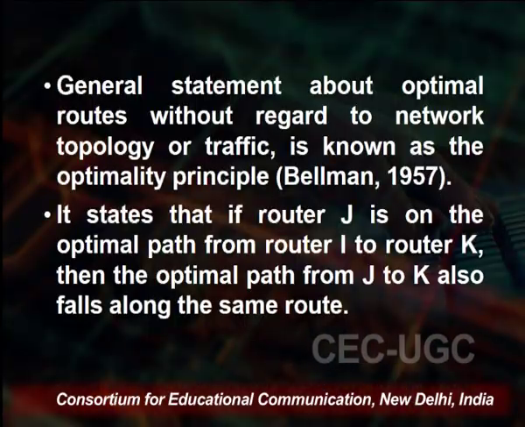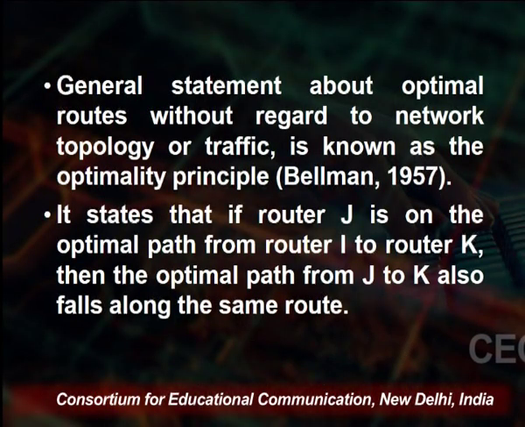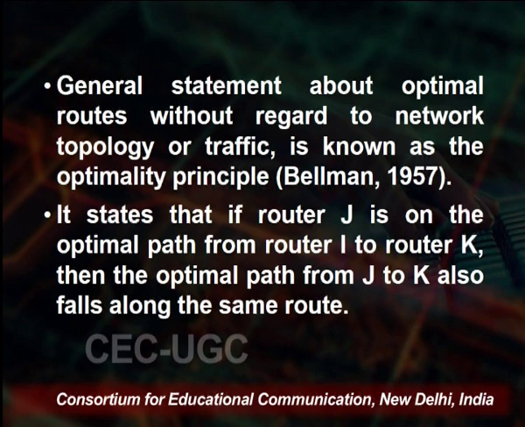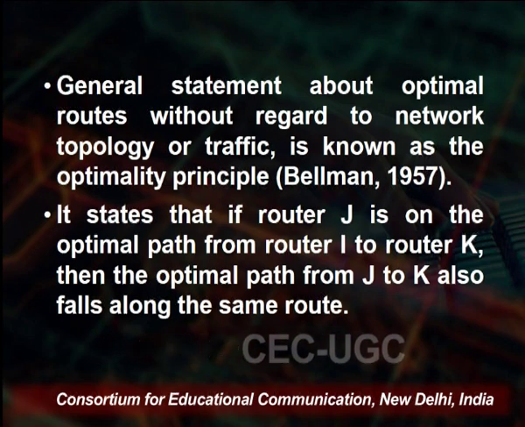The optimality principle says that if a router, let us say J, is on the optimal path from router I to router K, then the optimal path from J to K also falls along the same route. Imagine the two routers I and K, and an intermediate router J, which is already on their path.